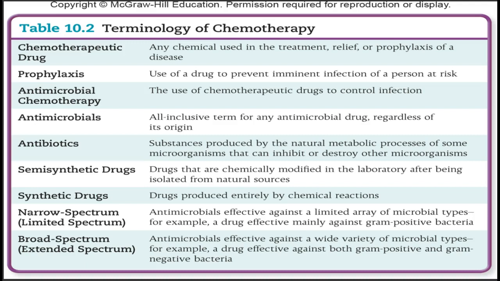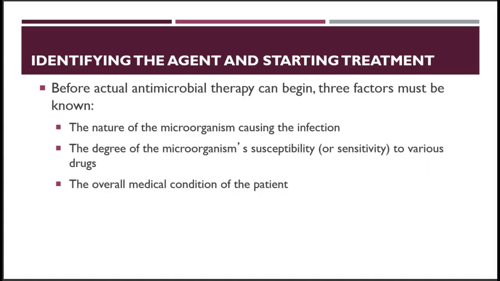A broad spectrum antimicrobial is a chemotherapeutic that is effective against a very wide variety of microbial types. So it could be effective against both gram-positive and gram-negative bacteria. It could be effective against both bacteria and fungi. So it has a very wide range of effectiveness.